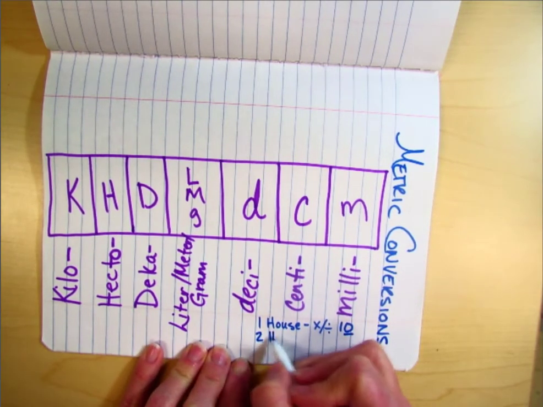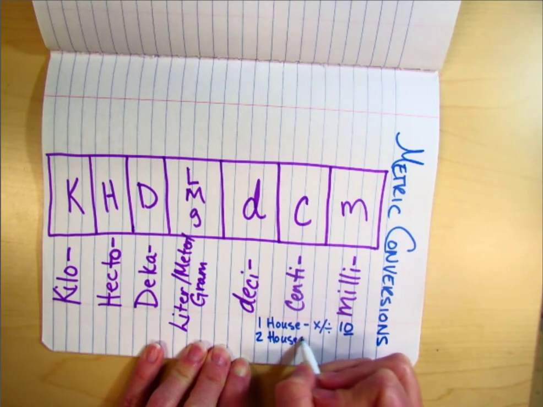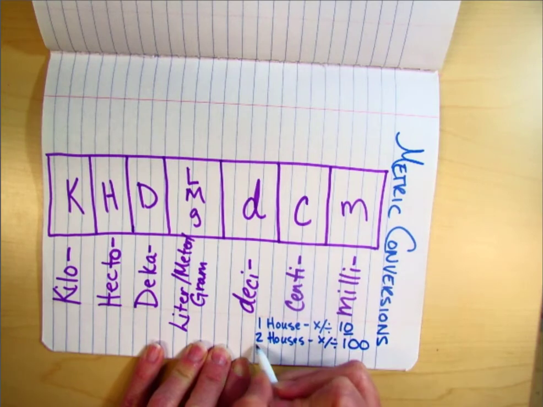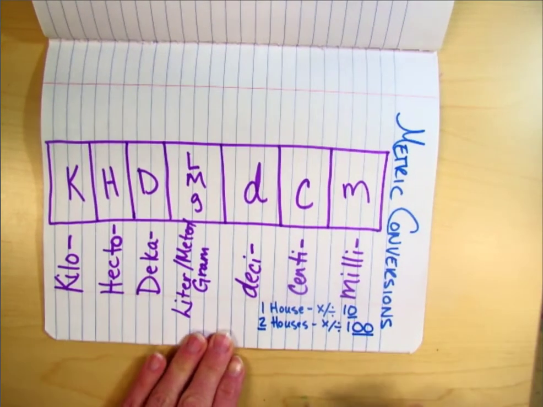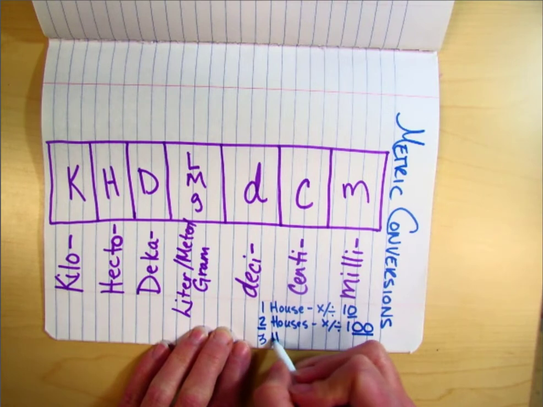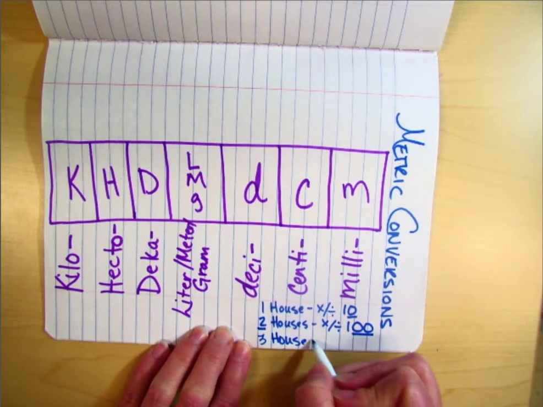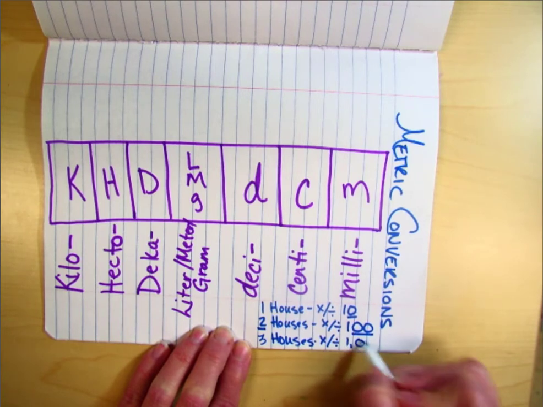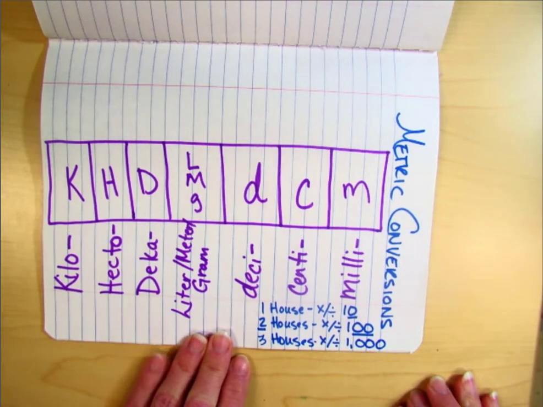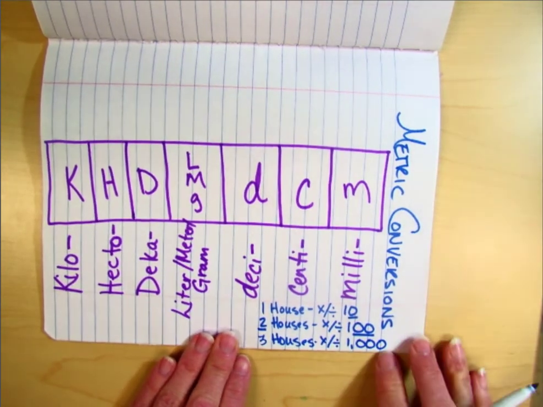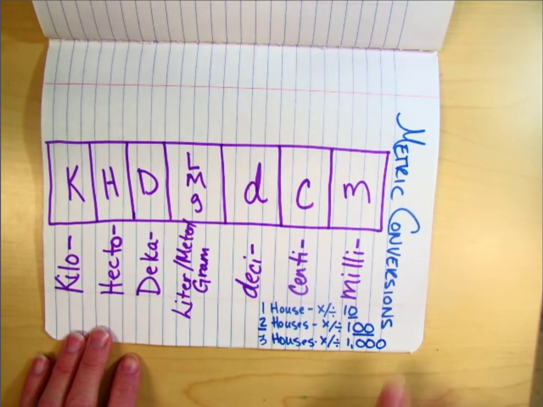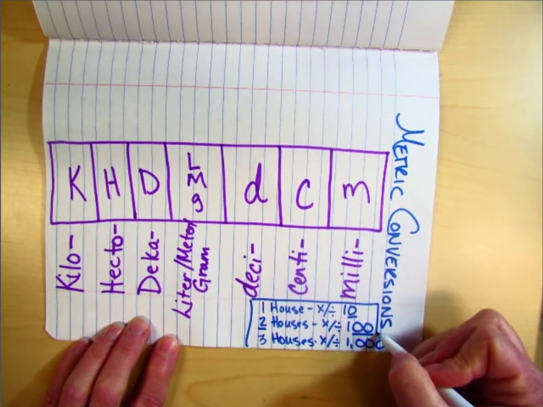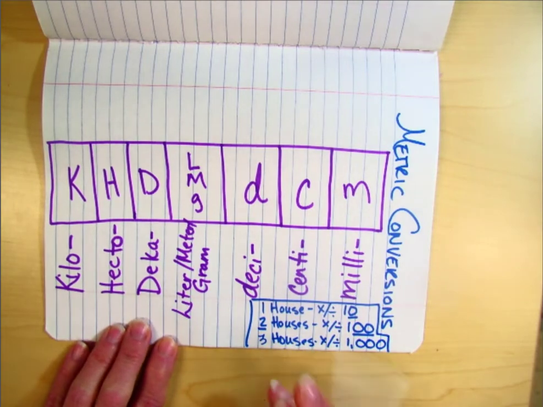If I have two houses over, I'm going to multiply or divide by 100. Two houses, 2 zeros. Pretty easy, huh? Three houses over, we're going to multiply or divide by 1,000. Four houses would be 10,000 and so on. But really, these are the three that you're going to see the most. So I would just focus on these.